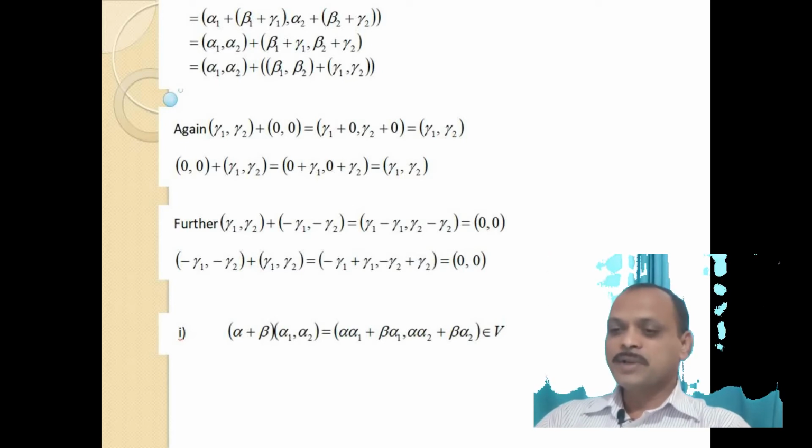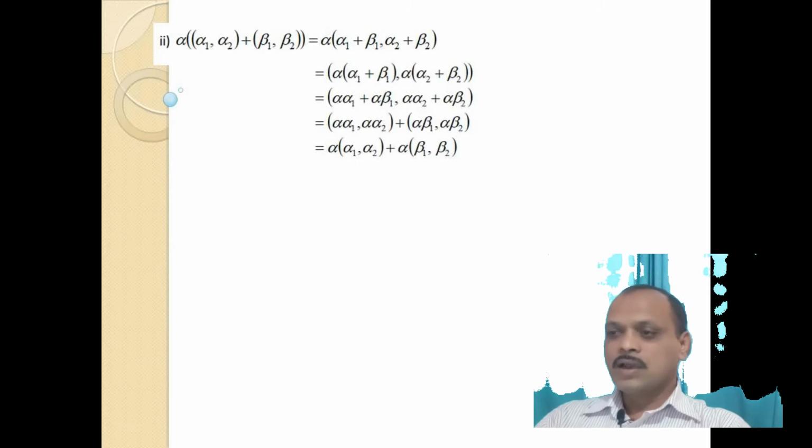Alpha plus beta multiplied to gamma 1 comma gamma 2, where multiplication is component wise. By definition we multiply by alpha plus beta and get alpha plus beta times alpha 1 comma alpha plus beta times alpha 2, which separates into the two terms. Second condition: we take two elements alpha 1 comma alpha 2 plus beta 1 comma beta 2 and multiply by alpha.